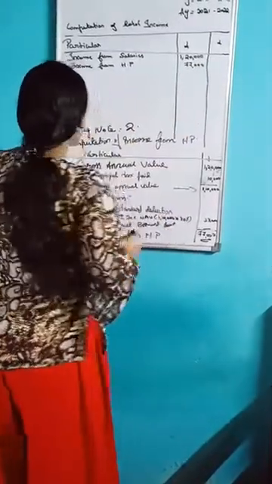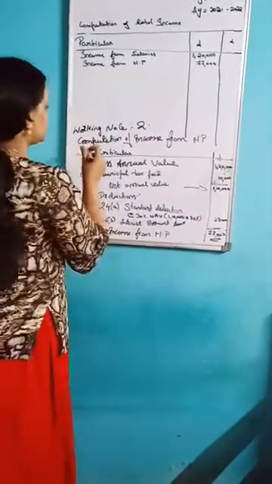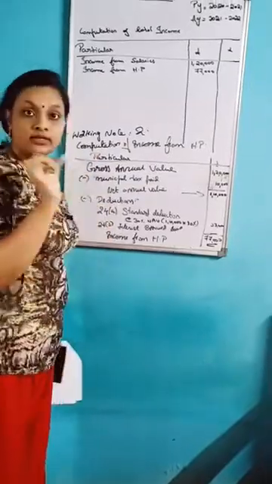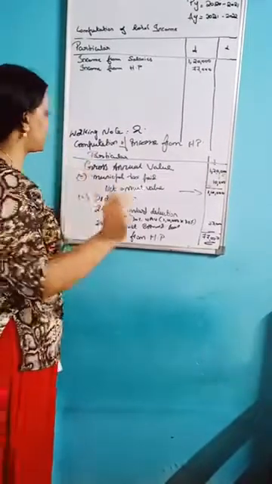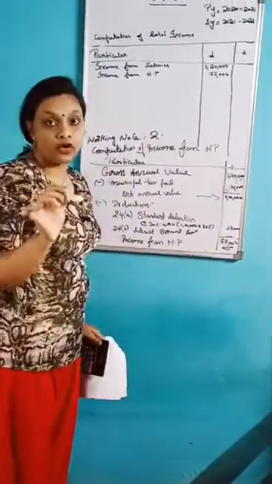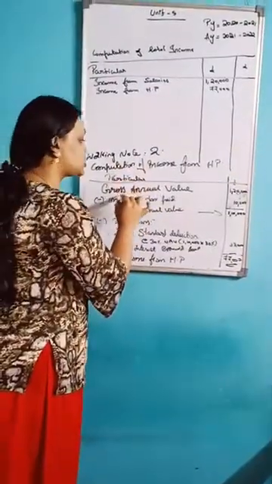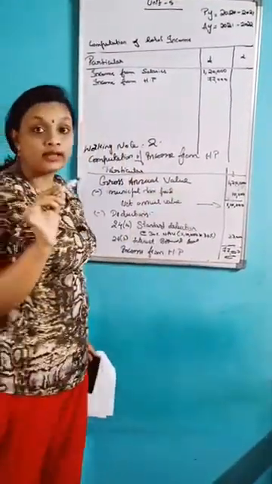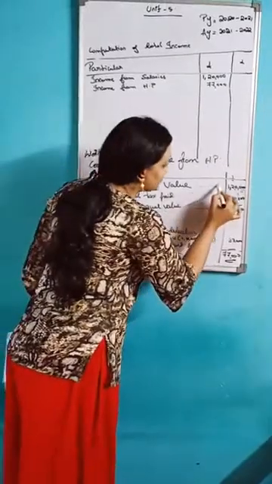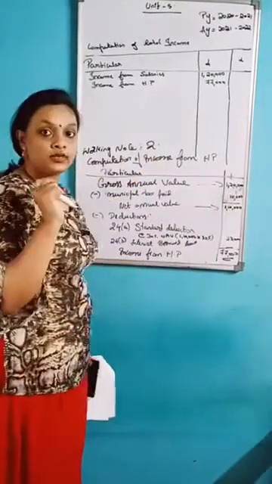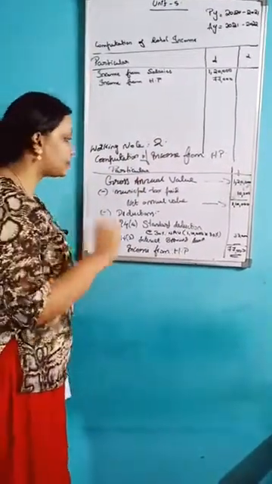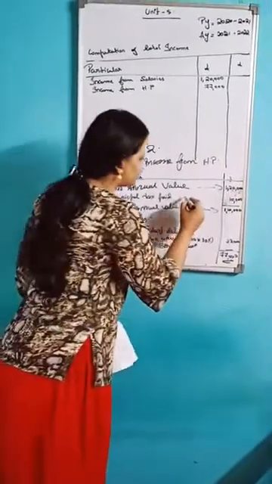So your working note 2, in the question they had given rent received and municipal tax paid. So you should calculate the format of house property: gross annual value, that is rent received, 1,20,000. After that, municipal tax paid, that is 10,000.